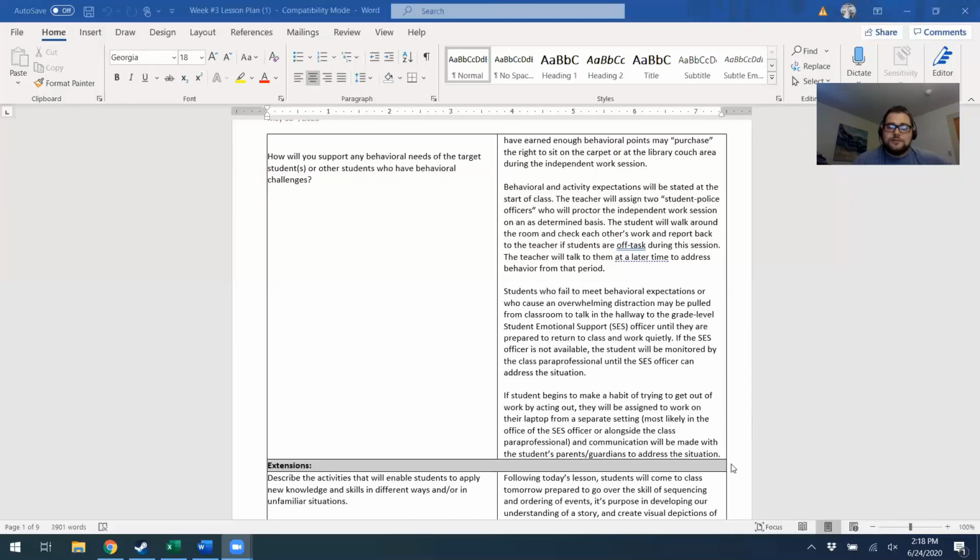if that is a repeated pattern, students are going to have to do their work on their own in the SES officer's classroom. Generally this isn't the case because when students work together, a lot of those instances of students trying to get out of work is when they get tired of listening to the teacher. But if they're listening to their peers and working with their peers, and the peers are the ones teaching them, it alleviates so much of that stress for students. It makes the class so much more accessible.